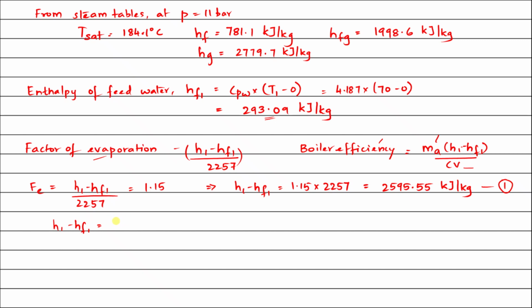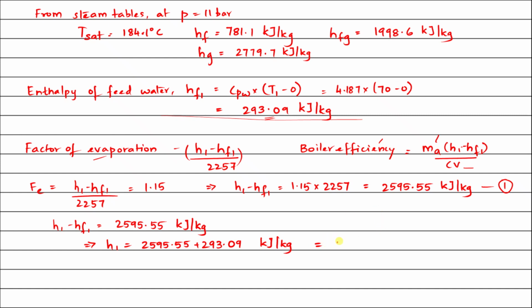Now H1 minus HF1, I have got as 2595.55 kilojoule per kilogram, but I have already found the value of HF1, which is 293.09. So I can find H1 equal to 2595.55 plus 293.09 kilojoule per kilogram.